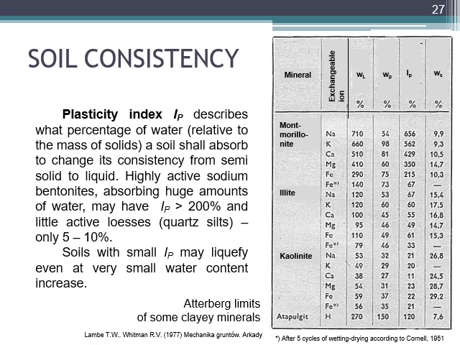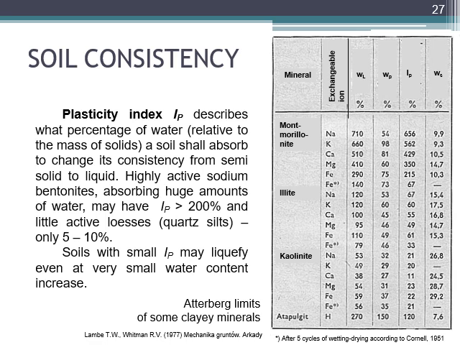Highly active sodium bentonite, absorbing huge amounts of water, may have the IP value greater than 200%, and little active soils, like loess or silt, can have the IP value of only 5 to 10%.